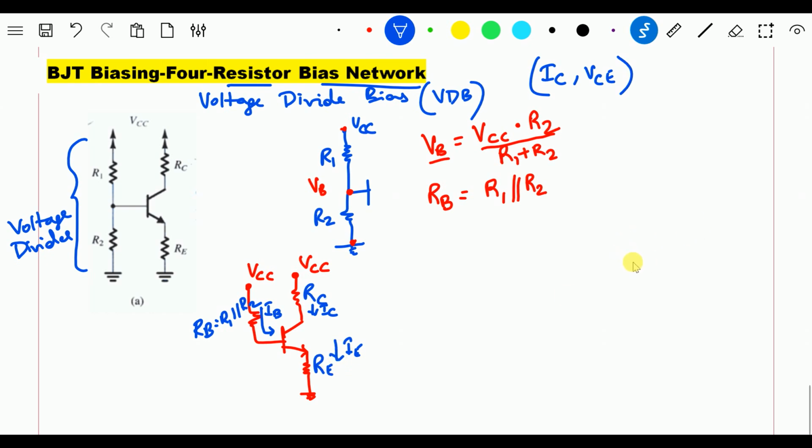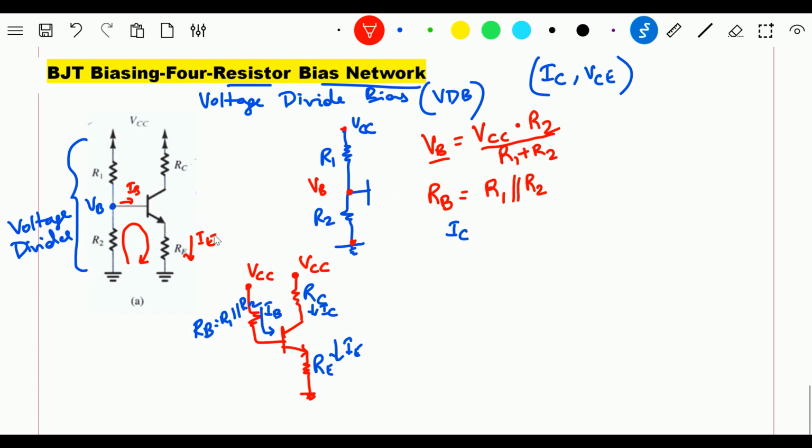Now I got VB, I got RB through this particular circuit. My job now is to find the equation for IC. To write the equation of IC, let me mark here, it is VB. We will write the equation for this particular loop. I know that this is your base current IB, and here in terms of RE, this is IE.